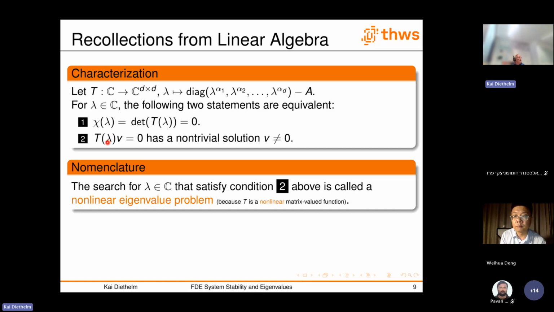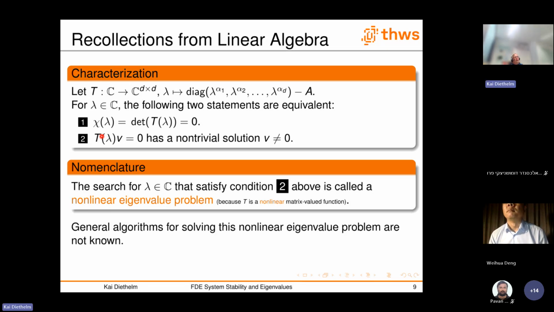And this problem is known in linear algebra as a nonlinear eigenvalue problem. Even though we have a linear equation system here, it's called a nonlinear eigenvalue problem because this function capital T is a nonlinear function of lambda. That's where this nomenclature comes from.